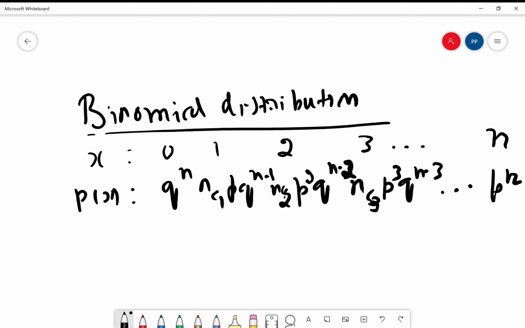Now here p is positive, q is positive, and p plus q equals 1.